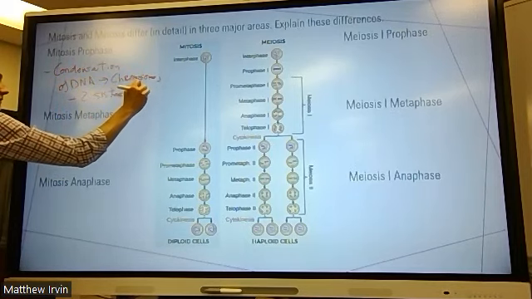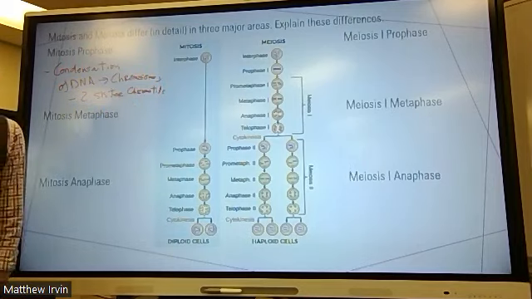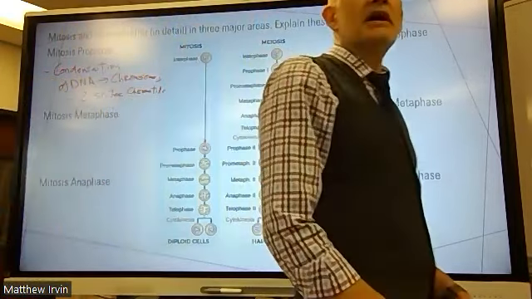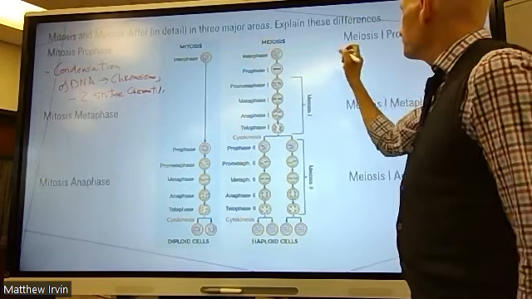Normally the DNA is not condensed into chromosomes when the cell is just by itself. Right, because when they're condensed, you can't do gene expression. So the DNA has to unwind so that you can have transcription. In meiosis 1, you also have that.